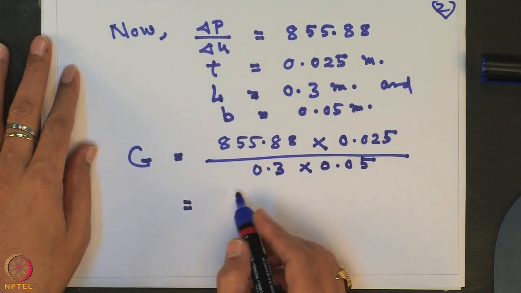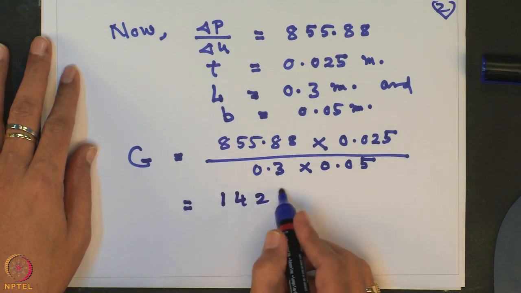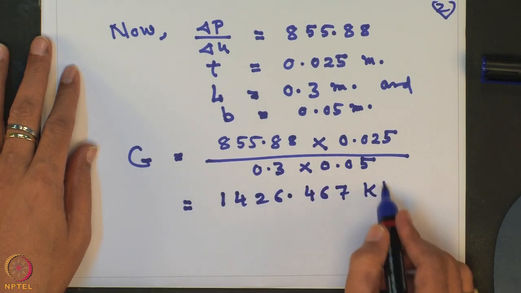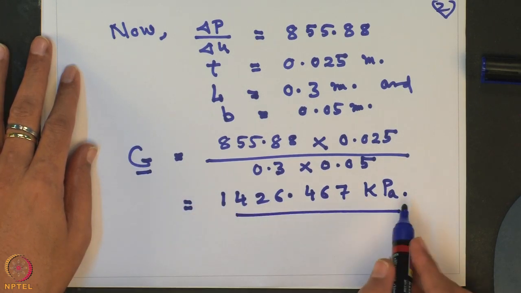So, this G will be equal to 1426.467. This is in kilopascal.